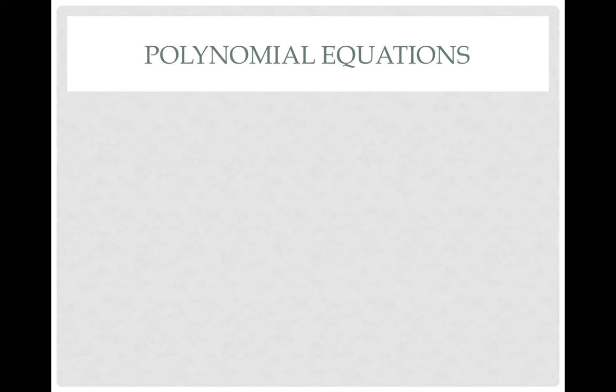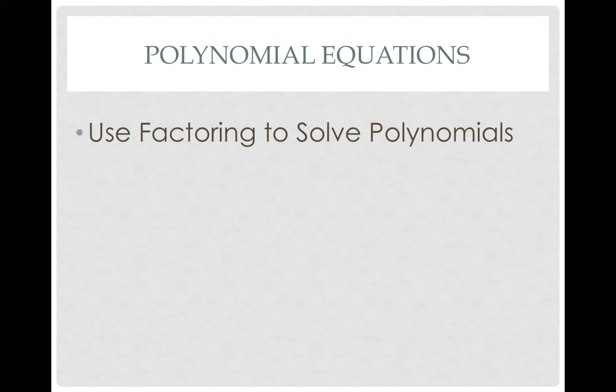All right. So let's start off with polynomial equations. The polynomials that we're going to be dealing with here are of a certain type in which we can use factoring to solve. And some of them you're going to have to factor and use the quadratic formula because we're going to be dealing with something larger than x squared.